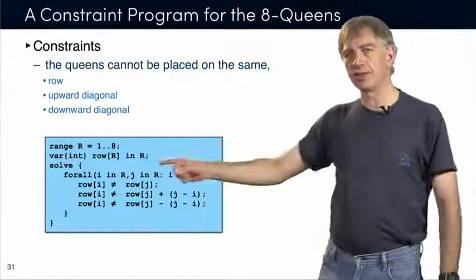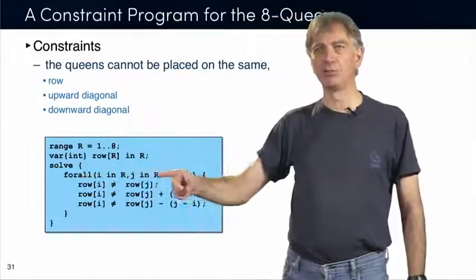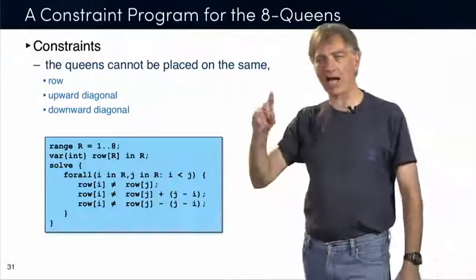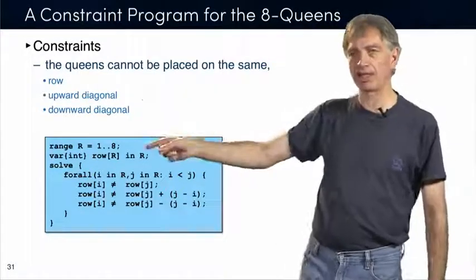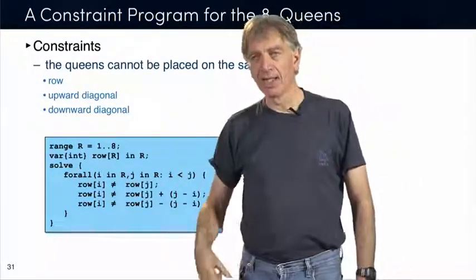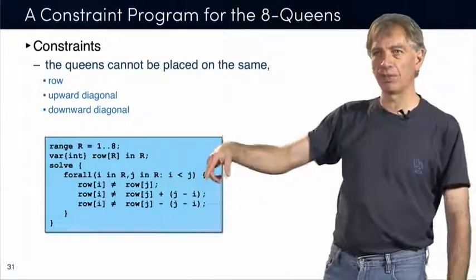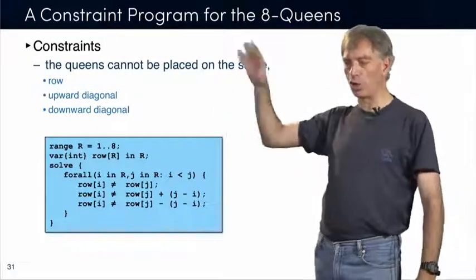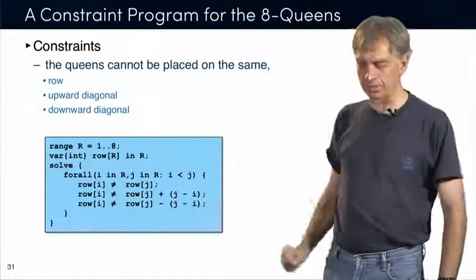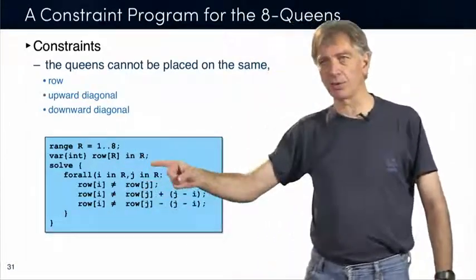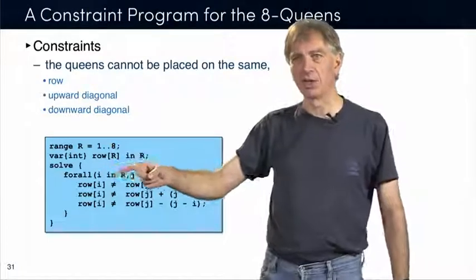And what I'm basically doing for stating these constraints, I take two columns, i and j, okay? And I'm assuming that i is smaller than j. And then I specify that they cannot be on the same row. They cannot be on the same upper diagonal and lower diagonal. And that's what you see over here. Okay, so these are the constraints. And once again, they are like in the coloring. They are not-equal constraints.